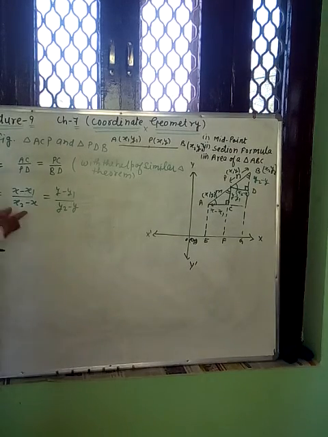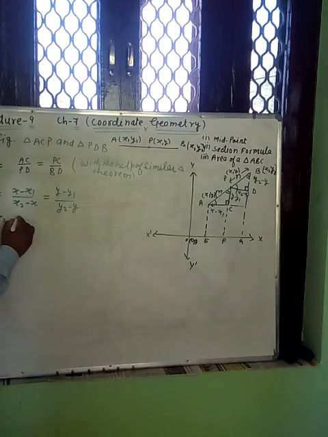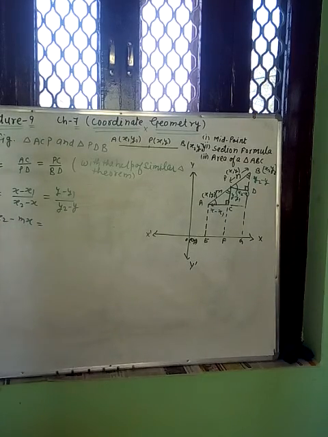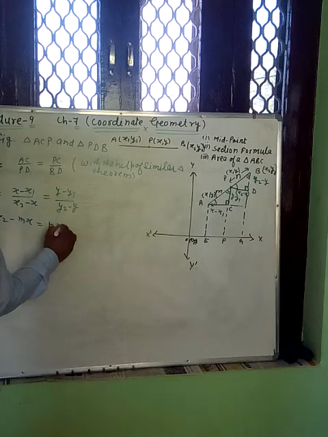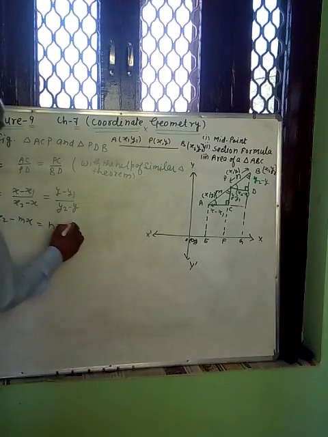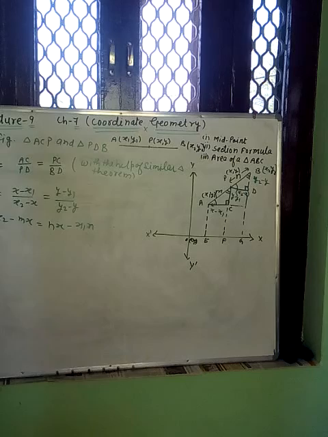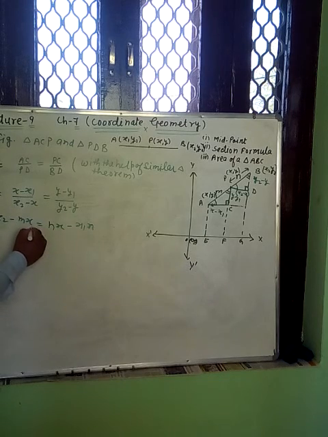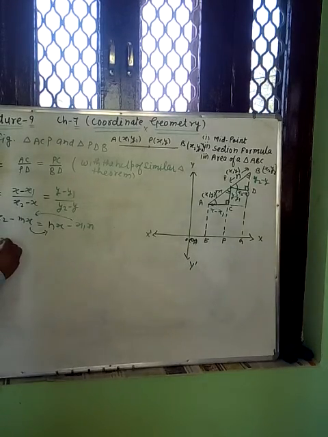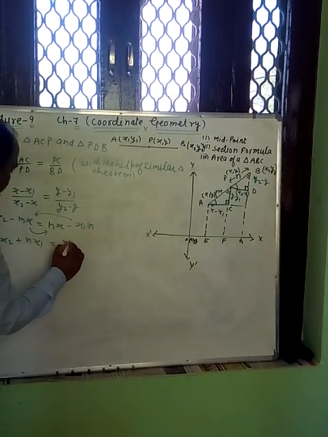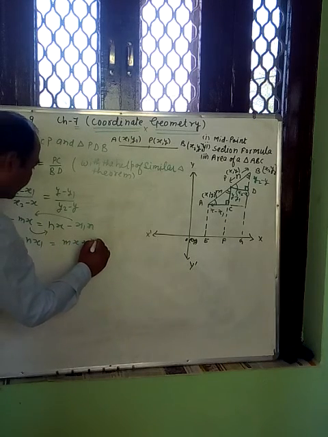By cross multiplying, m x2 minus m x is equal to n x minus n x1. Then mx2 plus nx1 is equal to mx plus nx.